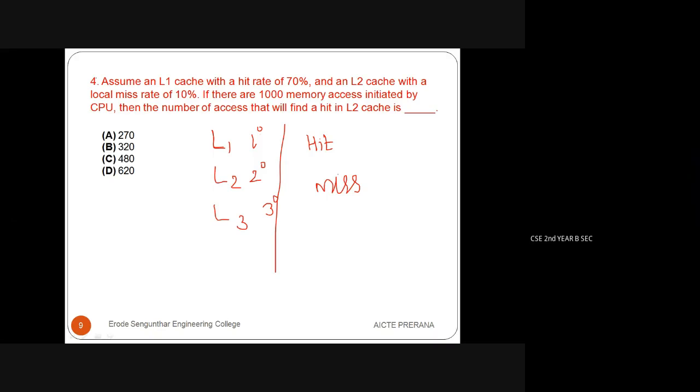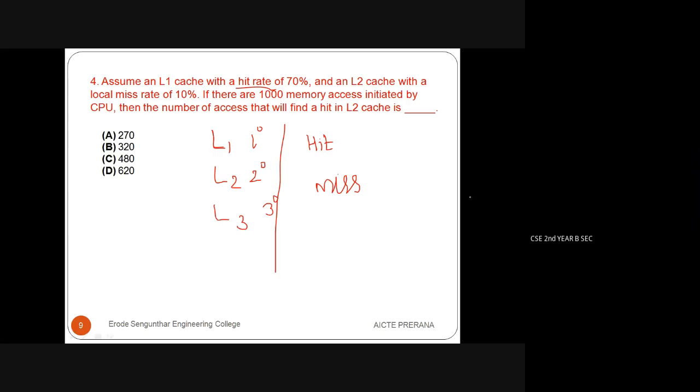Okay, so these are all the basic things regarding cache performance. Now moving on to the question. Assume an L1 cache with a hit rate. They are mentioning it as hit rate, the rate at which the data is accessed. So when it takes 10 seconds to reach particular data, then the hit time is 10 seconds.